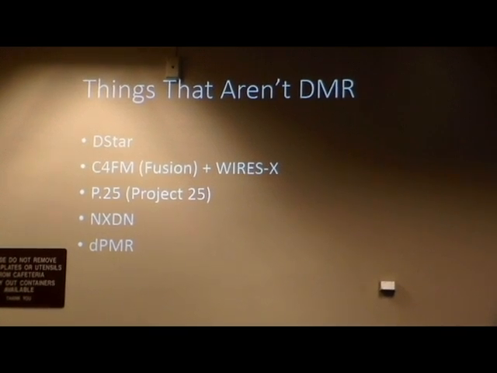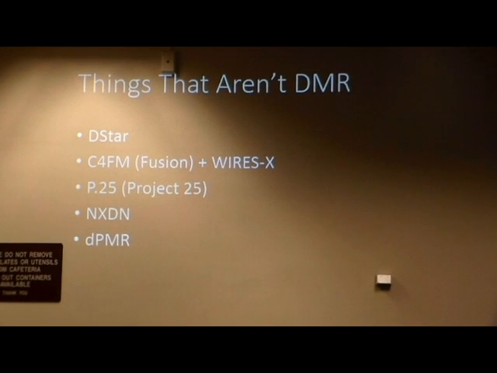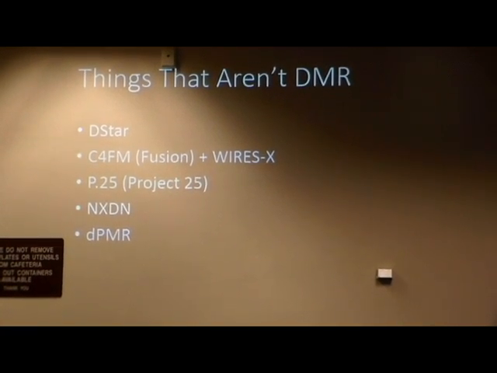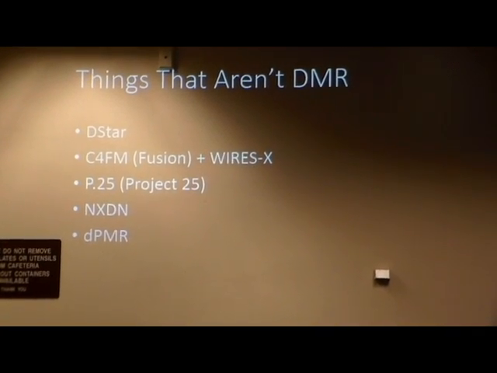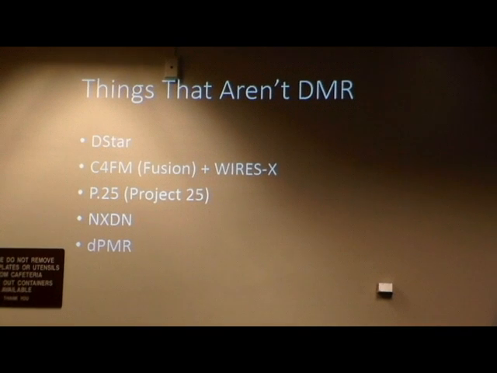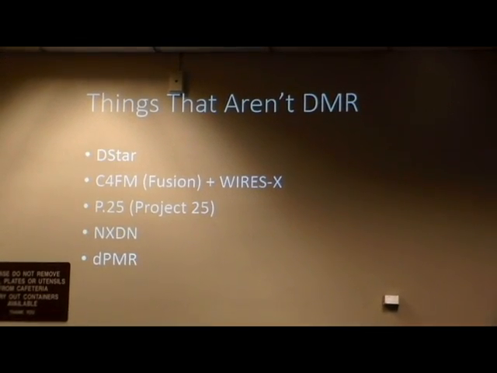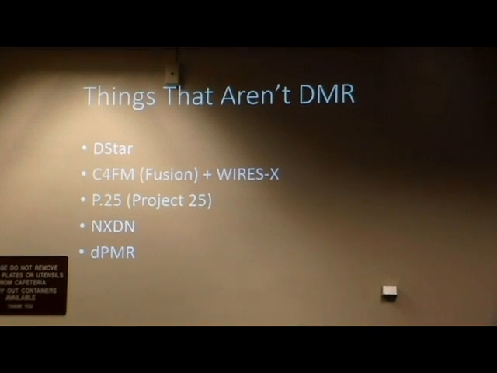D-Star, ICOM's, well, really the Japanese amateur radio thing, but then adopted by ICOM, uses AMBE at 6.25 kilohertz, so totally incompatible. C4FM is Yaesu's, also uses AMBE Plus 2, I believe.